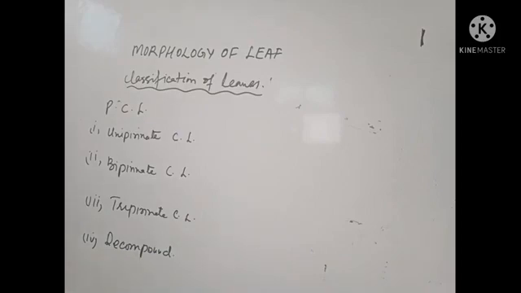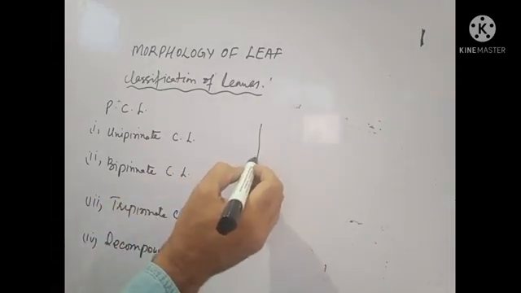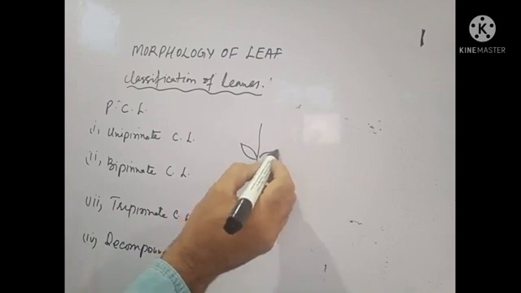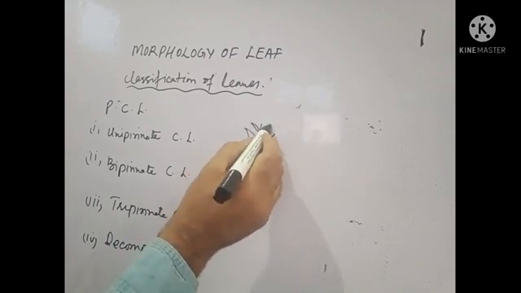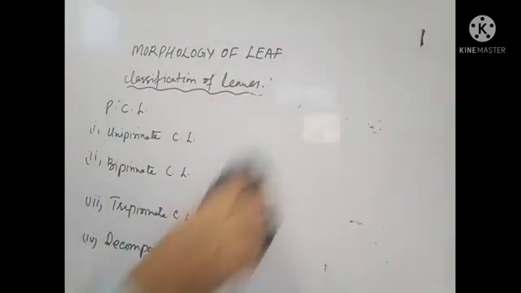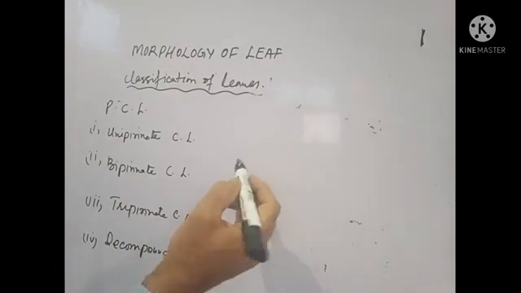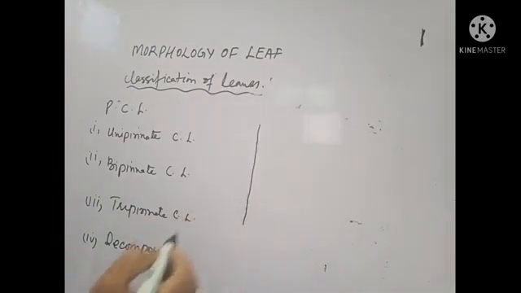Now we will draw the figure of unipinnate compound leaf. You can understand it from this figure. That is unipinnate. Now bipinnate, we will draw it like this. Here it is main axis.